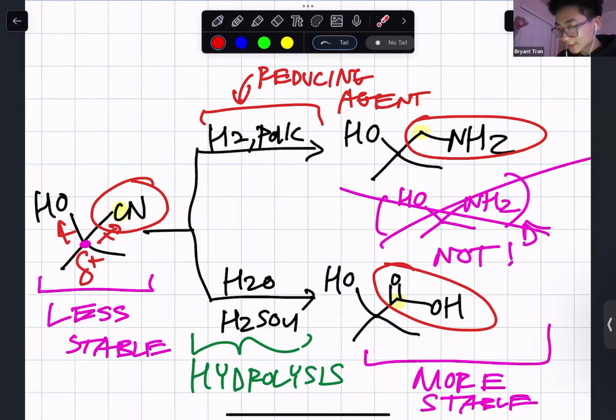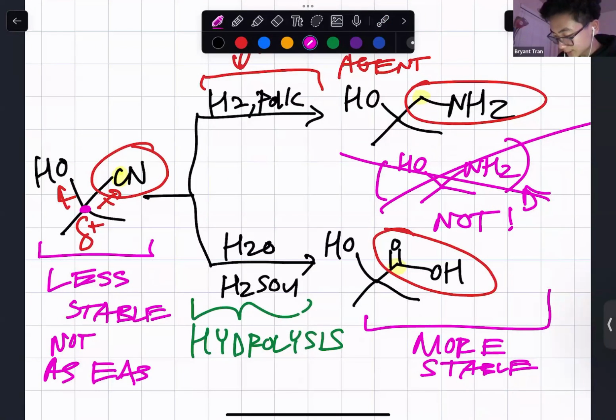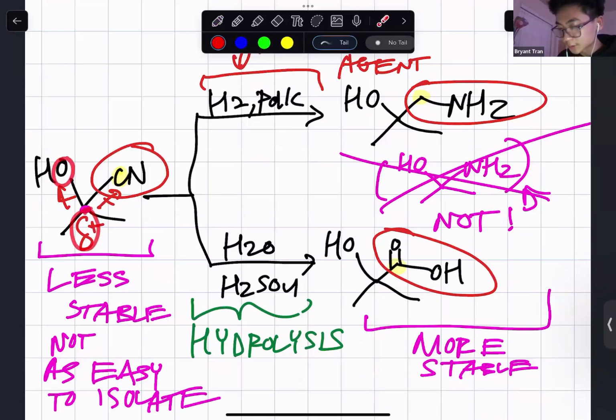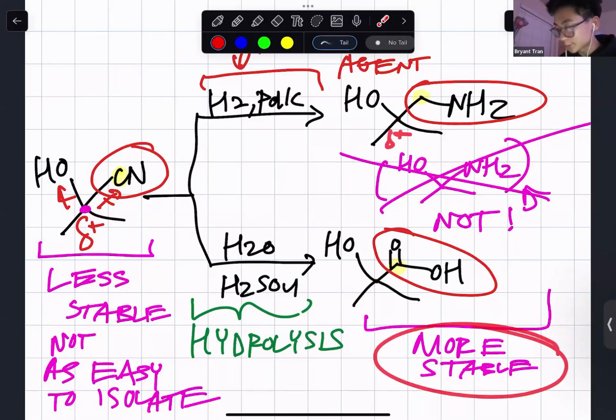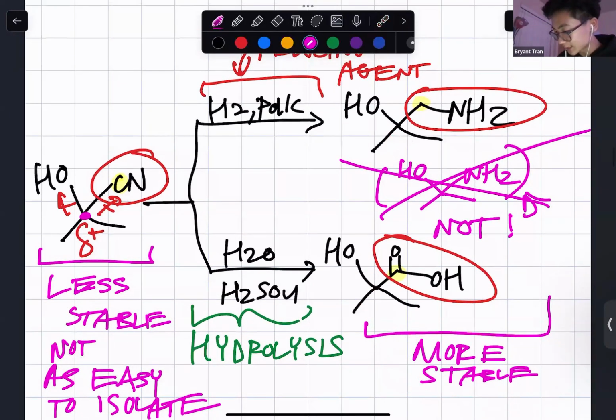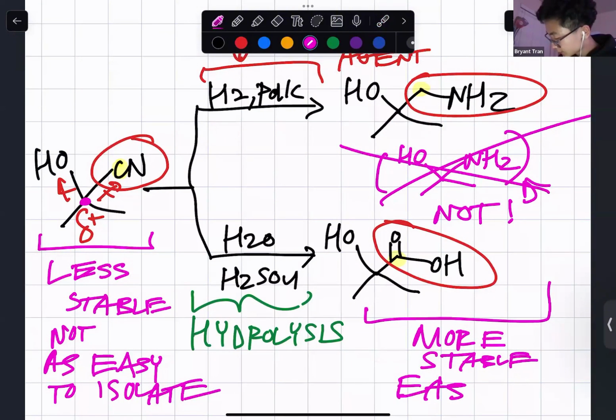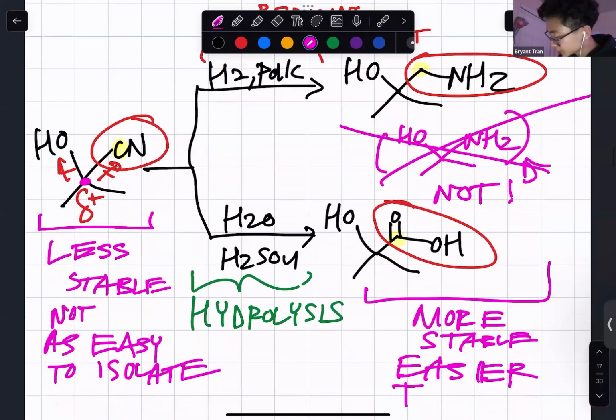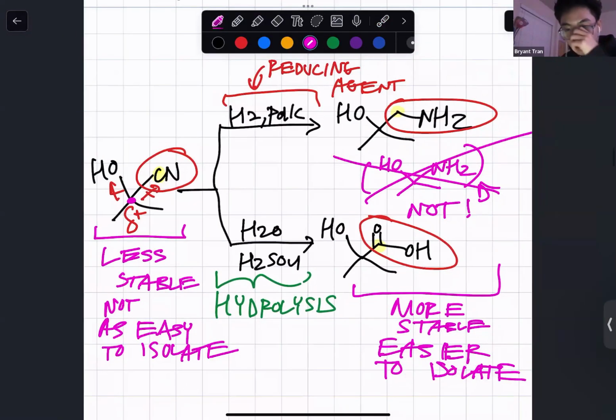So this is not as easy to isolate because it's very reactive, because of this big positive charge on the carbon attached to a lot of electronegative atoms. Whereas the carbons here are only attached to one electronegative atom, making it a smaller positive charge, less reactive, more stable, easier to isolate. Easier to isolate or trap the cyanohydrin.